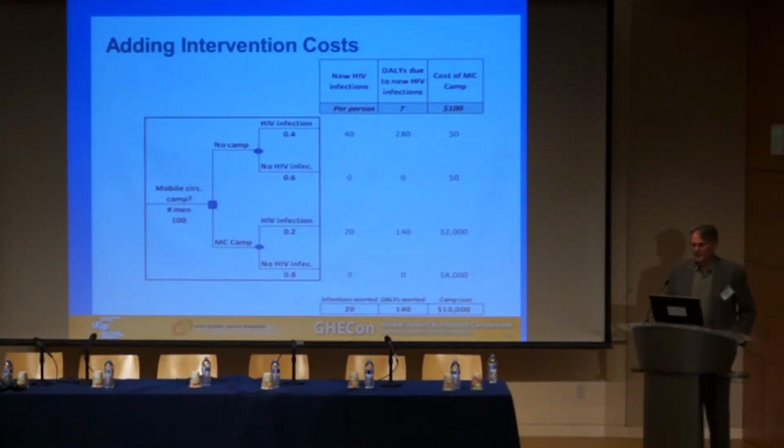So let's add intervention costs. Now we have the cost of the male circumcision camp, which is $100 per person, showing up in this column. And we have zeros there because there's no camp, so there's no cost for the camps.